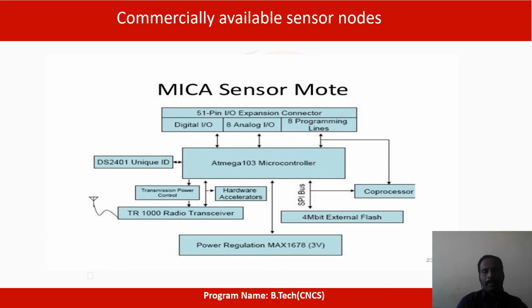Then programming lines. Programming lines carry the source code. Then transmission power control. Power control in a wireless network is important to maintain reliable communications between the base station and nodes, and also to maximize battery life. Then hardware acceleration.